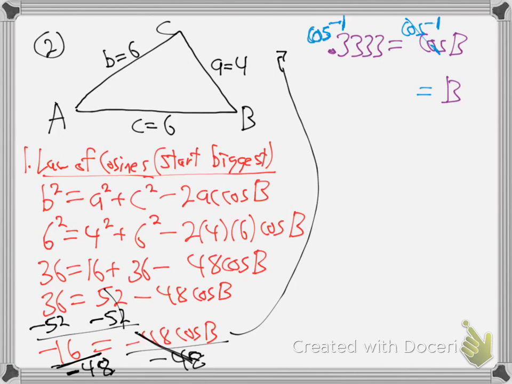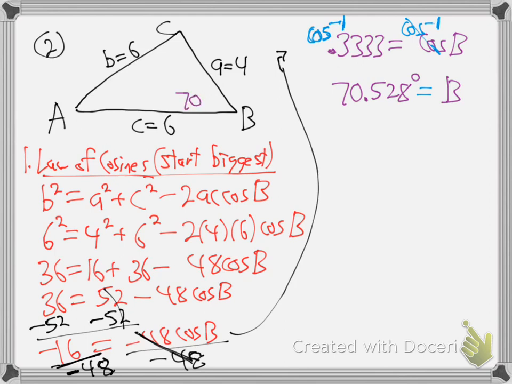Let's see. I'm getting 70.528. You could round it to 9, whatever. Once you're 3 places down, it doesn't really matter. 70.528. You guys getting that? So that is angle B.